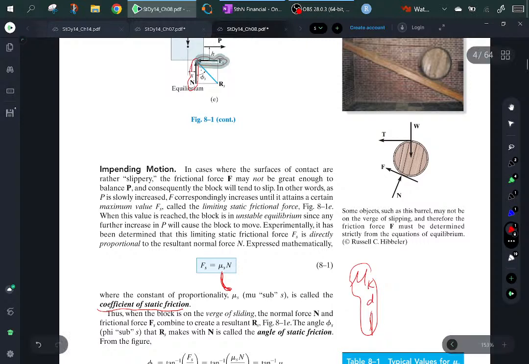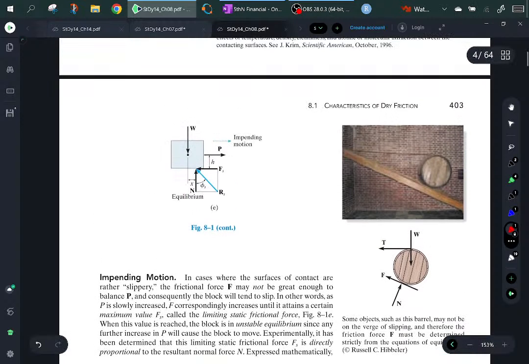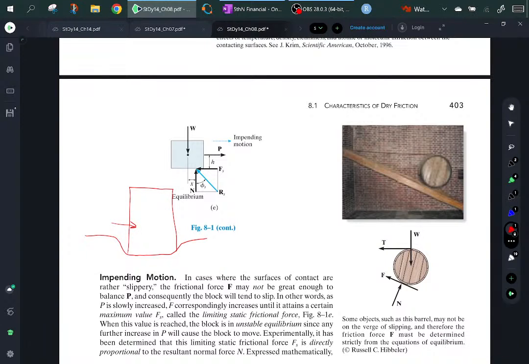But it's basically the concept that if you had a piece of carpet and a piece of furniture on it, I'm going to draw it so that it's kind of, oops, well, that part didn't look right. So in other words, let's say this is your carpet and this is a big piece of furniture. This is overdone. You've probably experienced this where you push and then once it breaks free, it starts moving across the floor.